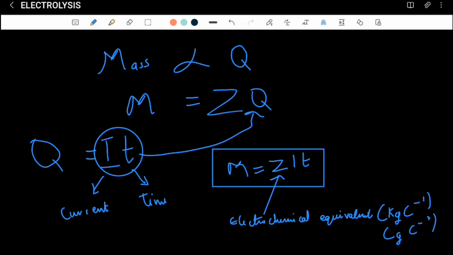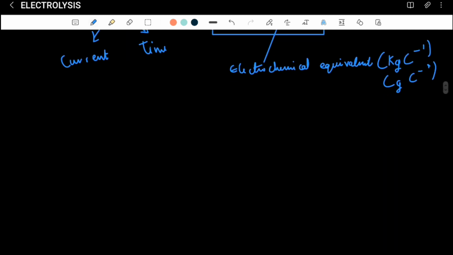And the mass of substance deposited during electrolysis depends on the density of the substance, the surface area of the cathode, and the thickness of the substance deposited on the cathode. You know, the way you've got your electrolytic cell.